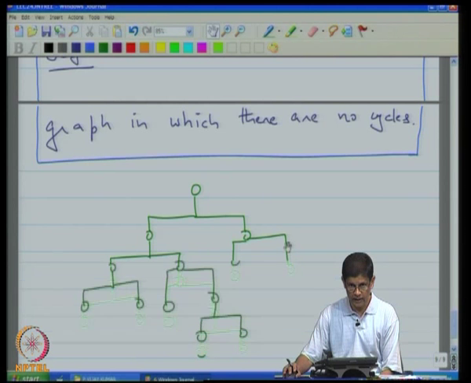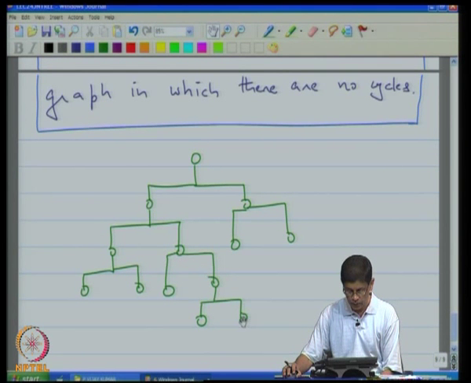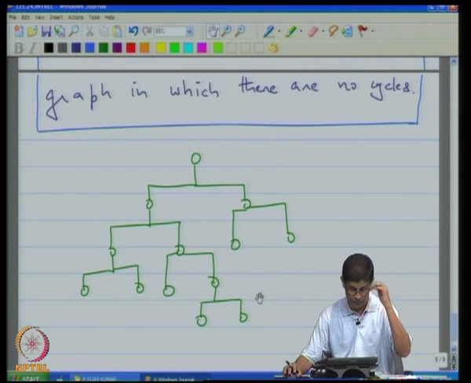And there are no cycles, in the sense that you cannot travel around the graph and land up at the same node at which you started without retracing your steps. For example, if you start here, there is no way to come back to this node without retracing your steps at some point. Okay.